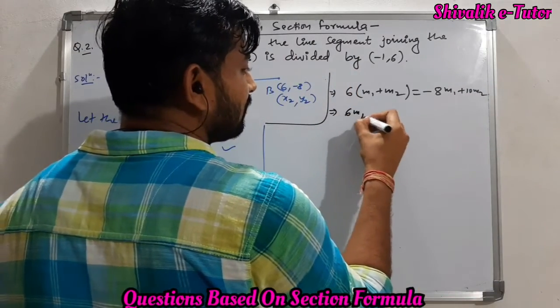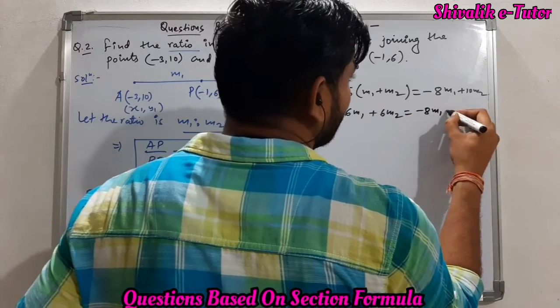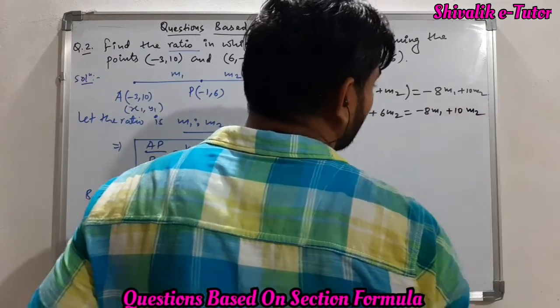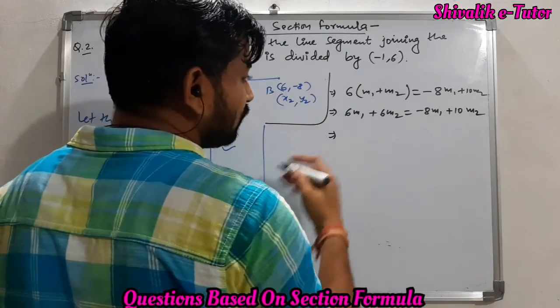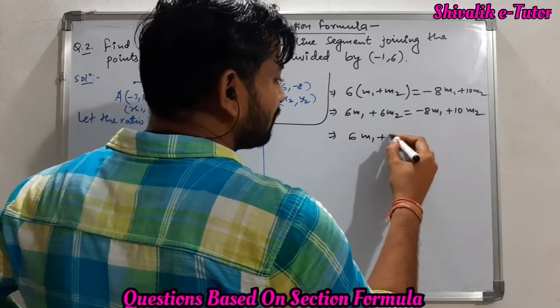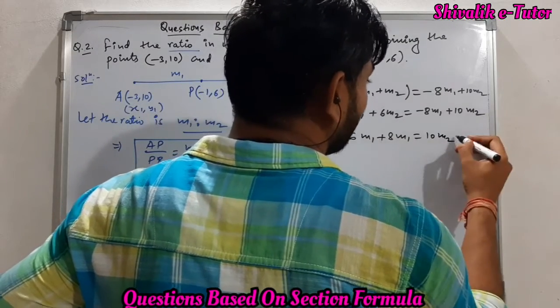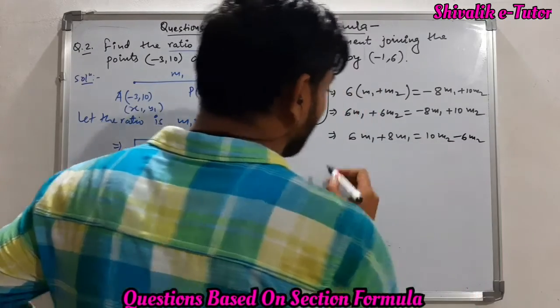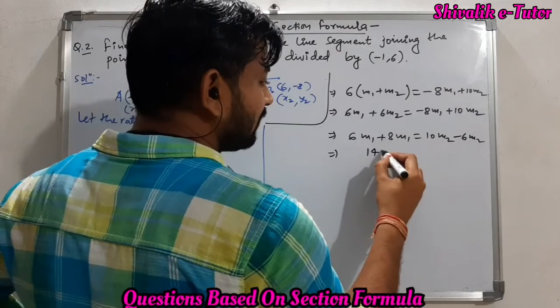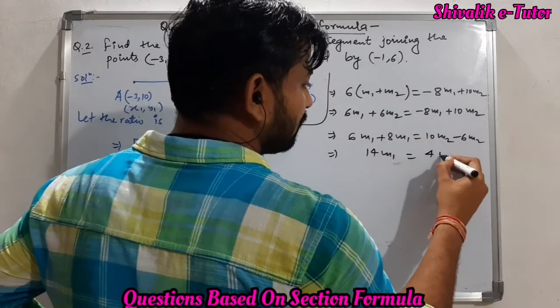Multiply this, 6 m1 plus 6 m2 is equals to minus 8 m1 plus 10 m2. So when we shift m1 and m2 to one side, suppose I bring this m1 here, so this will be plus 8 m1, and if I carry this to that side, this will be minus 6 m2. So when we solve this, we are getting here 14 m1 and here it is 4 m2.